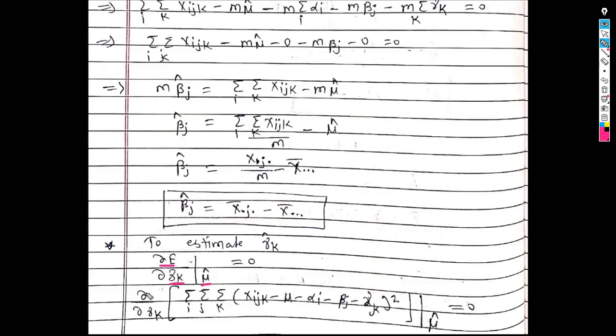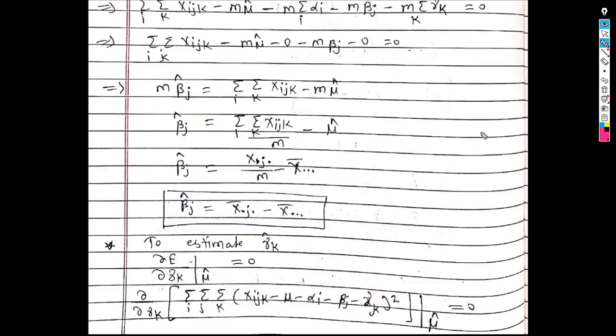So in the next step we get ∂/∂γk of the summation of [xij minus mu minus alpha i minus beta j minus gamma k] whole square, under the value of mu hat, and equate it to 0.